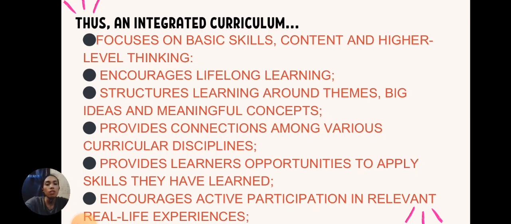Next, it structures learning around big ideas and meaningful concepts. It provides connections among various curricular disciplines. When we say curricular disciplines, these are the subject areas, for example, mathematics, science, English, and APE. It also provides learning opportunities to apply skills they have learned.